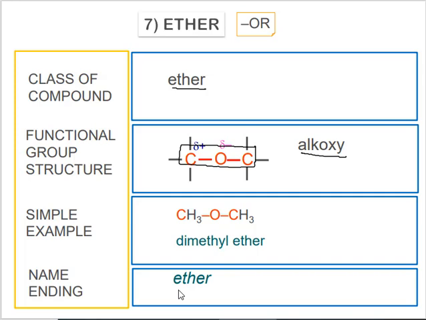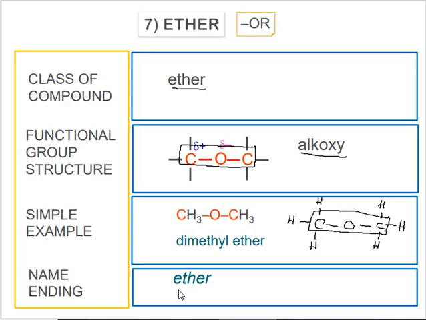We call it dimethyl ether. I can draw the expanded structure for you here. Again, you should be able to circle the correct region which shows the functional group.